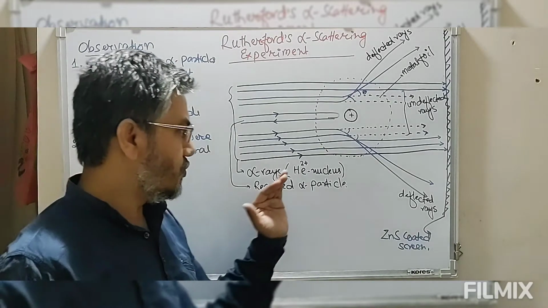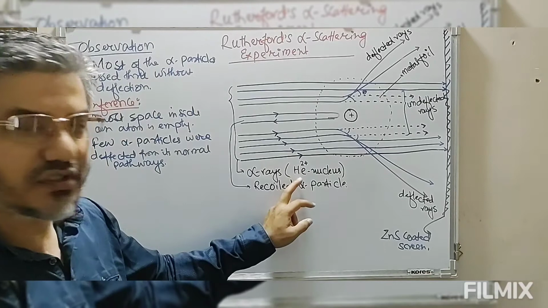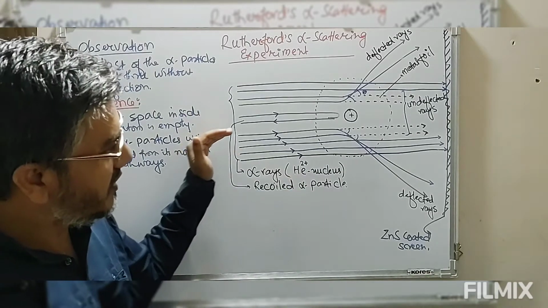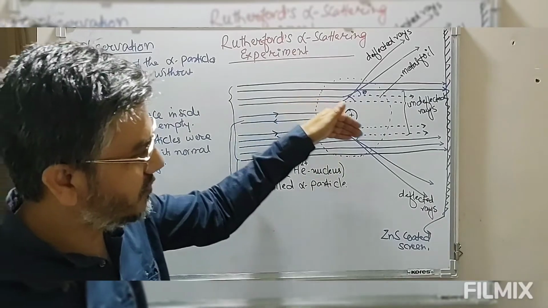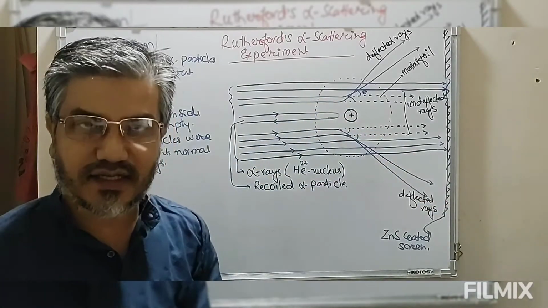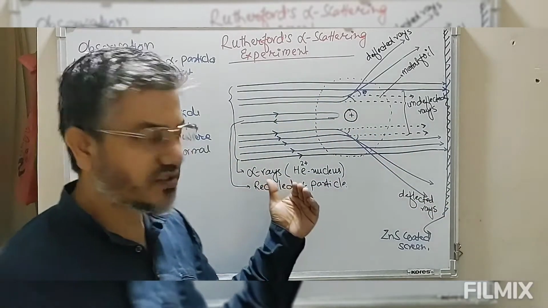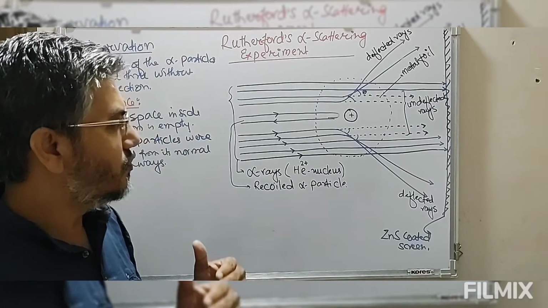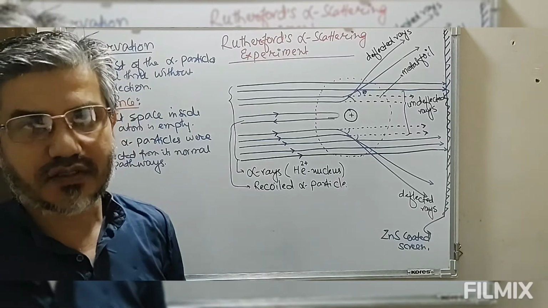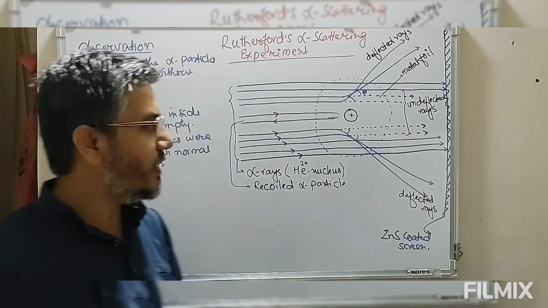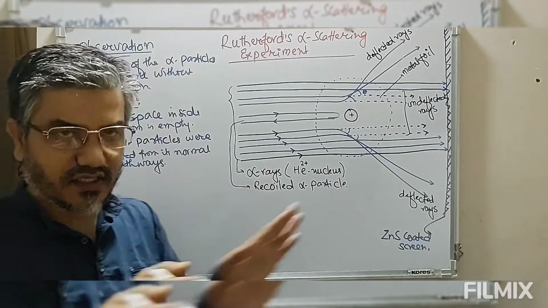Now alpha particles being positively charged, on passing through this metal foil from this particular point, they are found to deflect at a certain angle theta. So this deflection is only possible when we have a positively charged part inside an atom. Why? Because same charges undergo repulsion.